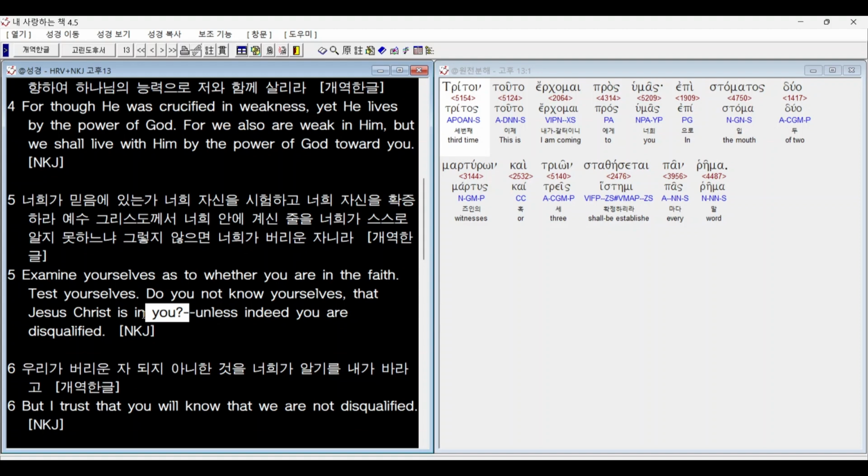Jesus Christ was in Abraham. Jesus Christ was in first Adam. Jesus Christ was in Moses. Jesus Christ was in Jews. Jesus Christ is in me.